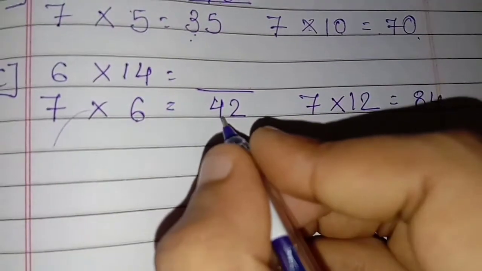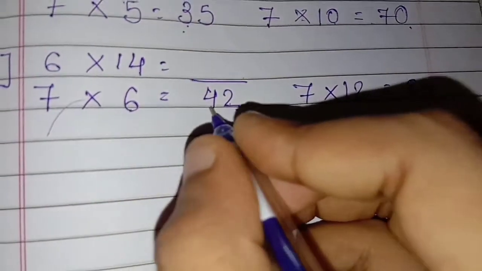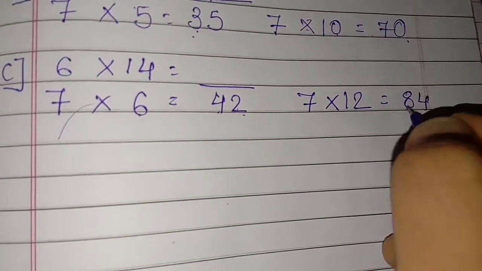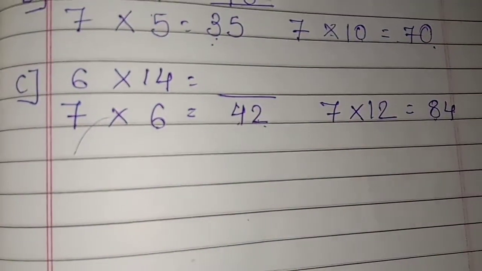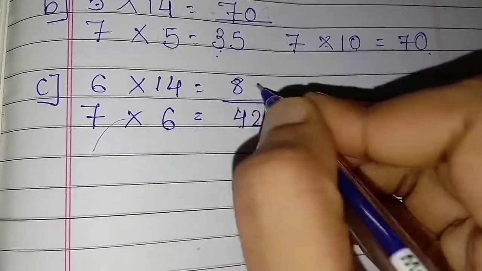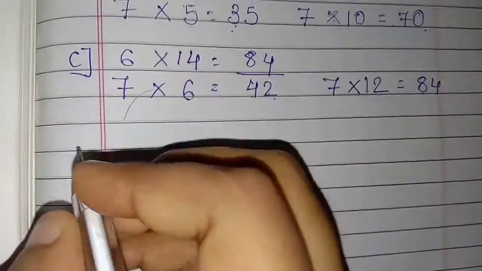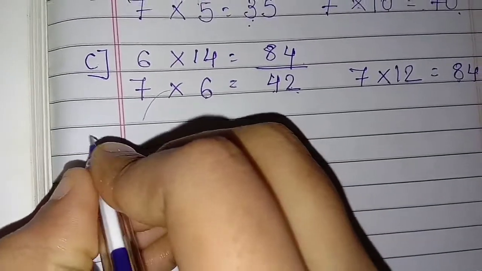And what is the double of 42? 2 plus 2 is 4, and 4 plus 4 is 8. So 6 14s are 84. Understood? This way you have to find the product.